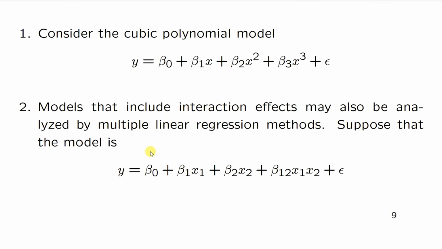Similarly, if we consider a model that includes interaction effects, that is y is equal to beta naught plus beta 1 x1 plus beta 2 x2 plus beta 12, the interaction effect x1 into x2, plus epsilon. So here in this model, suppose I substitute beta 12 as beta 3 and x1 into x2 as the regressor x3, then we get a multiple linear regression model with 3 regressors x1, x2 and x3.